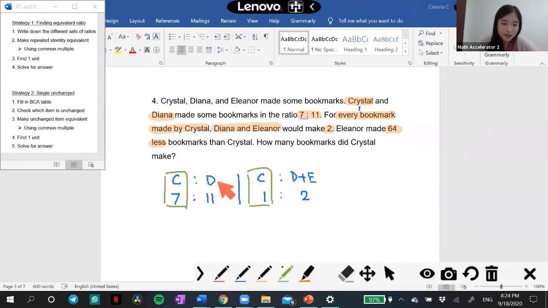Some of you telling me Diana. Cannot, because Diana is accompanied by Eleanor here. Right, so we're not able to make it equivalent. It has to be exactly the same here. So times 7, such that you have 7 for Crystal, right? So it matches. And 2 times 7, 14.